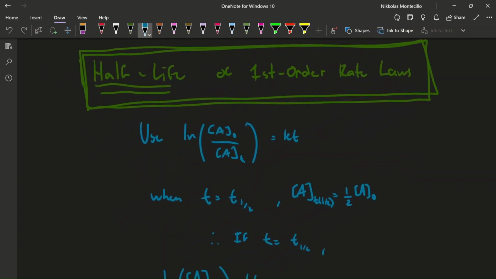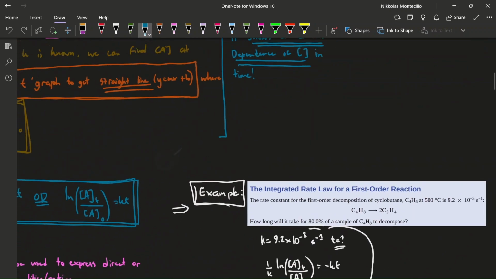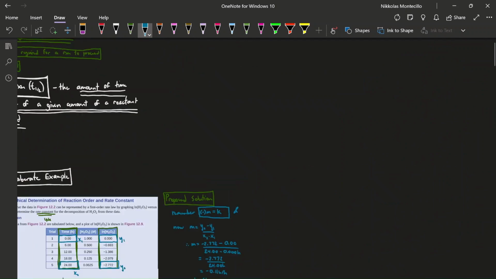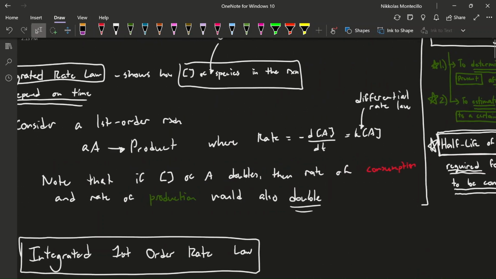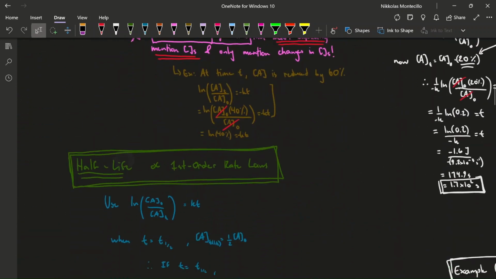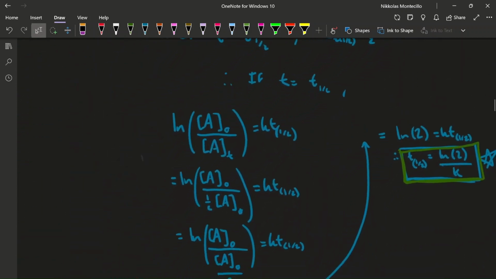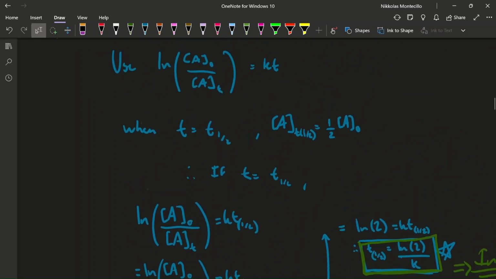When t equals t 1/2, the concentration of A at t 1/2 is equal to 1/2 of the initial concentration, which makes sense because the half-life is the amount of time required for a reactant to be reduced to half of its initial amount. So it's very important that we recognize this.